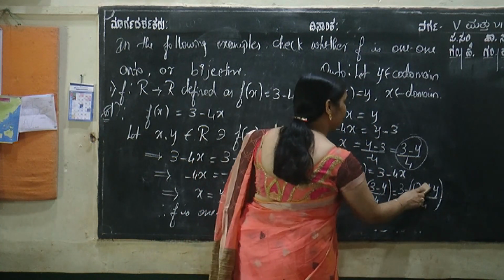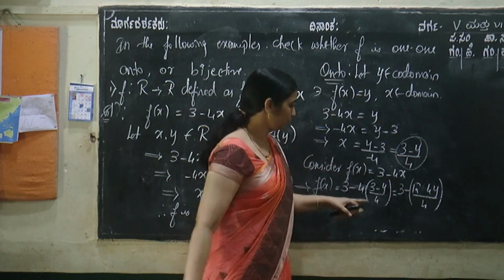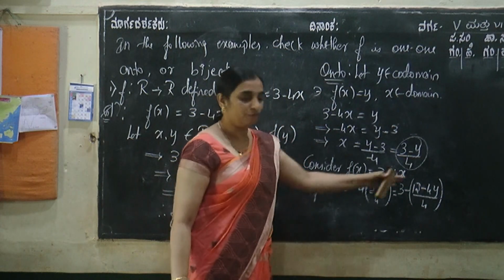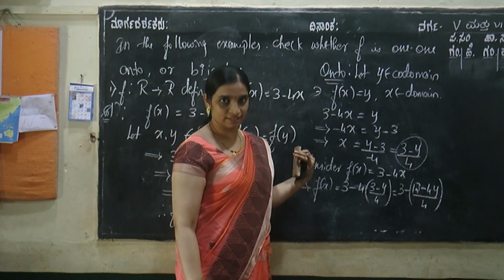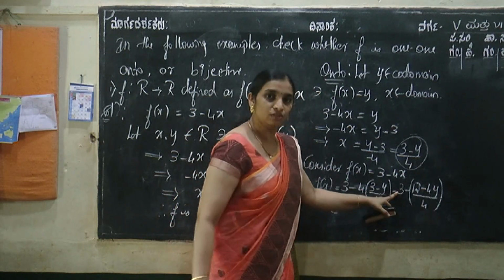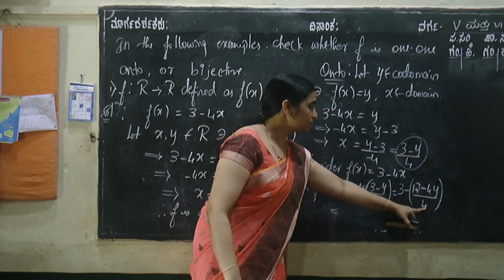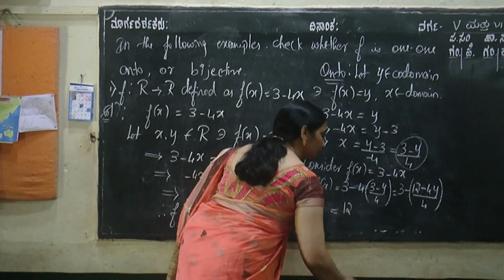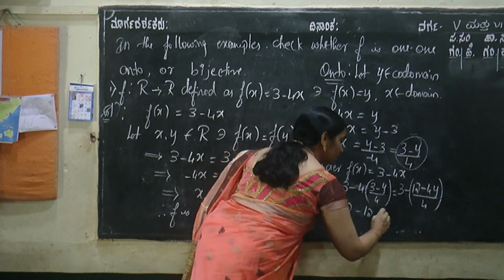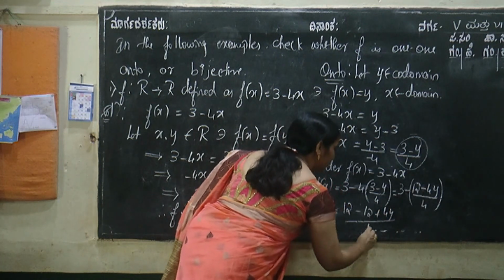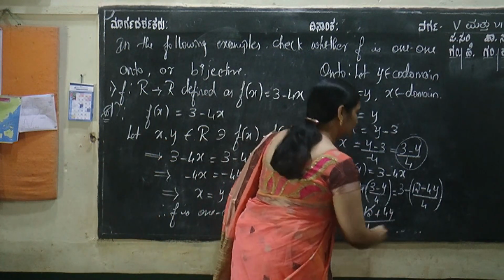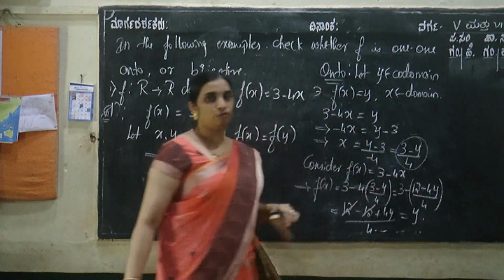Or in other words, we may do one thing. We will keep this negative sign outside first of all. Then 4 into 3 is 12 minus 4y by 4. When we take the terms outside the bracket, we can't directly cancel, so we will take the LCM. 4 is the LCM. 3 into 4 is 12. Let us take the elements outside the bracket: 3 minus 12 minus of minus becomes plus 4y divided by 4. 12 minus 12 cancels. 4y divided by 4 is equal to y.